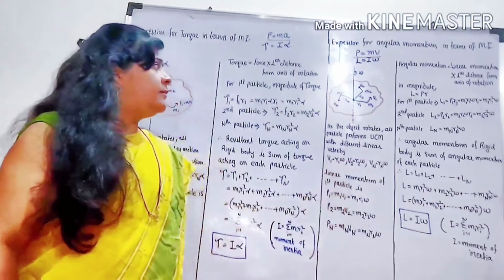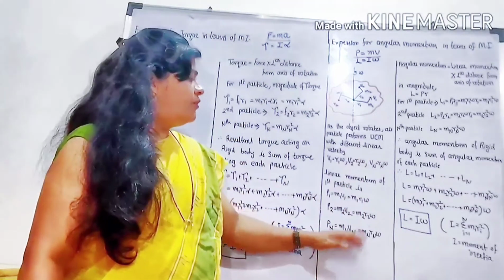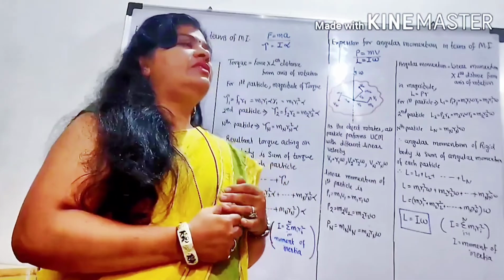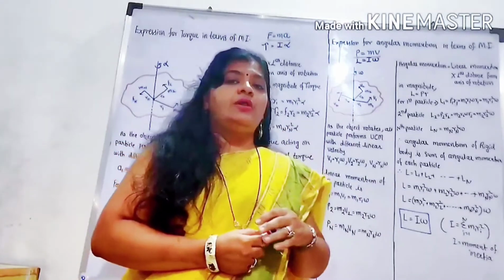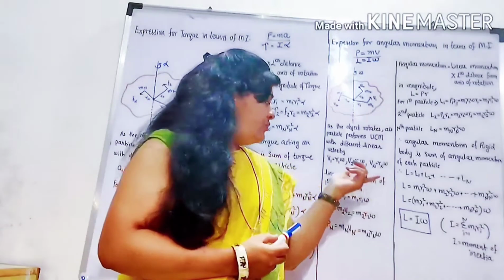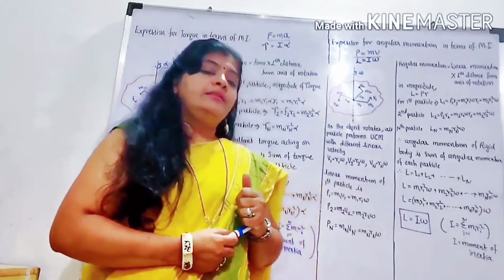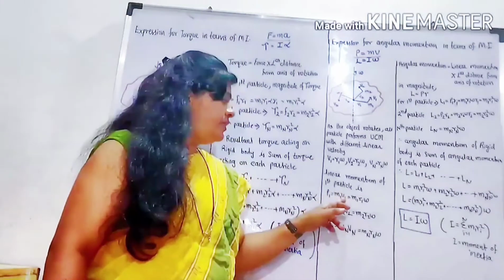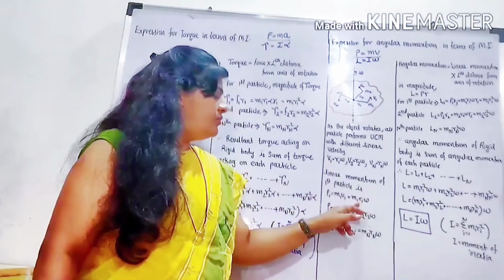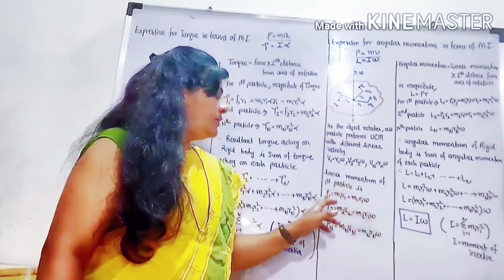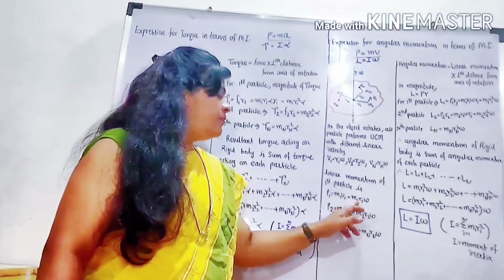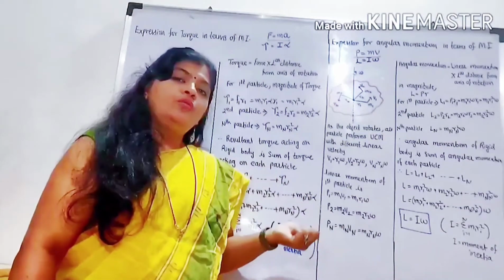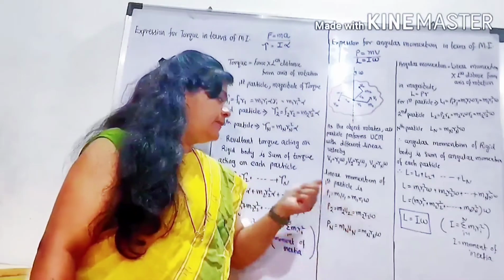Now come to the next formula, the linear momentum. Linear momentum of the first particle means p is equal to mass into velocity. For the first particle, mass is m1 and velocity is v1. Substituting the v1 value, p1 is equal to m1 r1 omega. p2 is equal to m2 into v2, mass into velocity for the second particle.